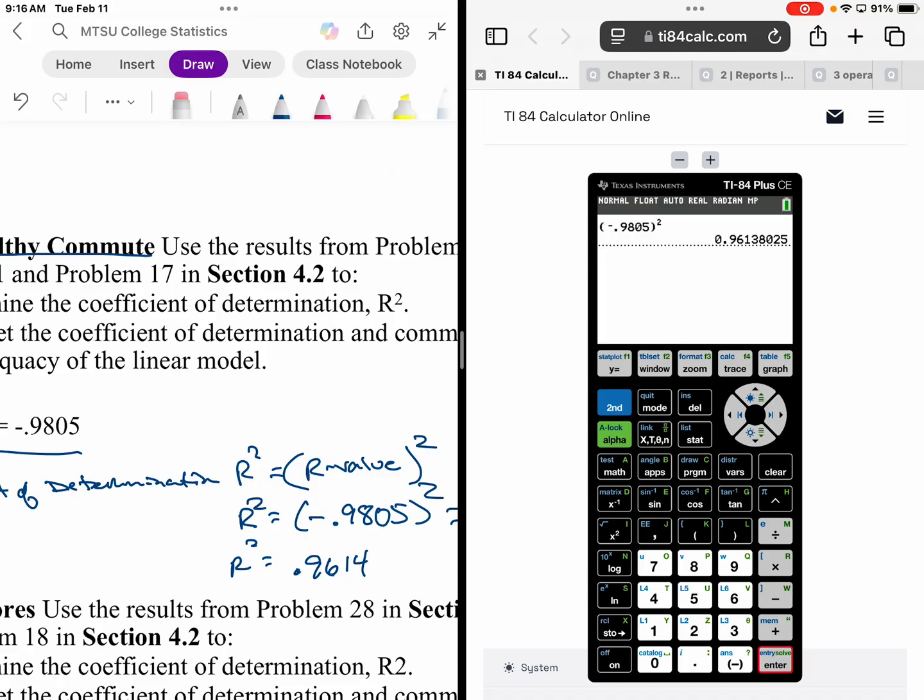That's typically where I have everybody round, just because my AP class always has to do 4 decimals. So in this case, 96% of the variation in the score on that test is explained by the commute time, is what that means in the context of this problem.